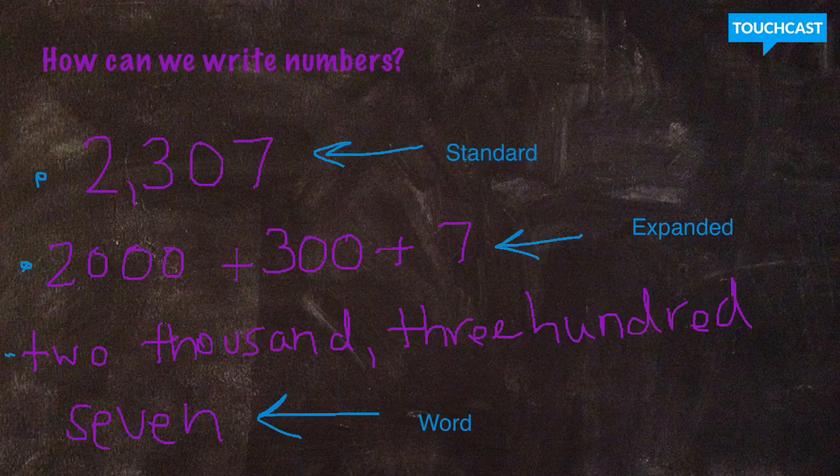The second variation is expanded form, where we look at the value of each of the numbers based on where they are sitting within our place value system. So look at the 2. A 2 in the thousands place we know actually equals, its value is 2,000. A 3 in the hundreds place means its value is actually 3 hundreds or 300.